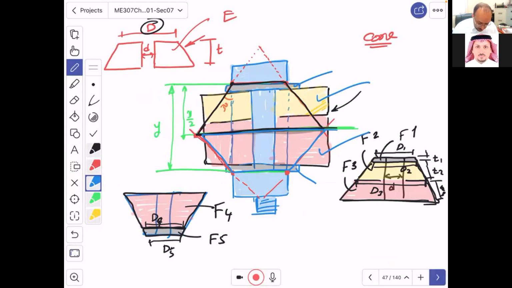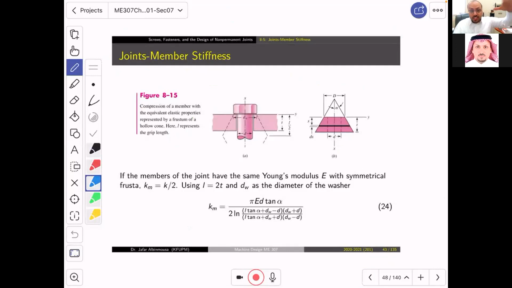If you are that lucky, then using the symmetry, the thickness will become L, the entire grip from the beginning to the end. And knowing that the diameter of the washer is being added over here, then you will have this equation. So this equation is giving you Km, the entire stiffness of the member.